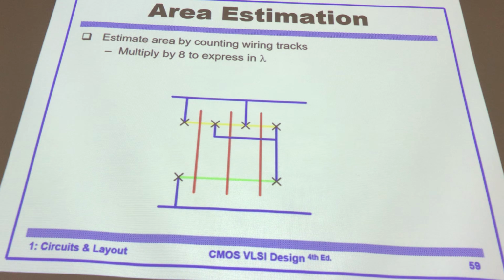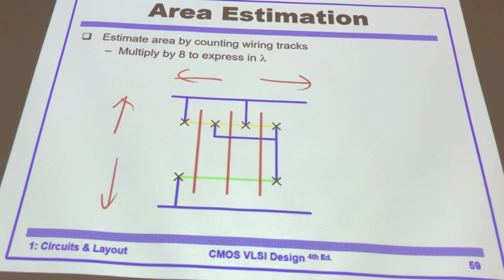So can you try to estimate this diagram? It's a 3 input NAND gate again. Please tell me what is the estimated height and what is the estimated width. Can you try to calculate? How many wiring tracks are there, horizontal and vertical?